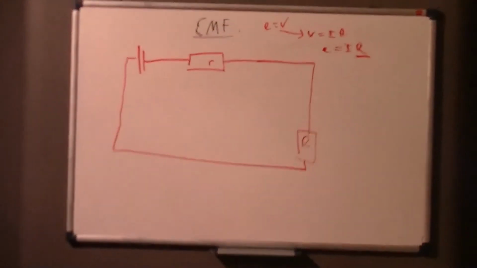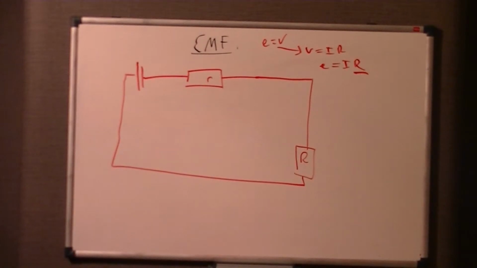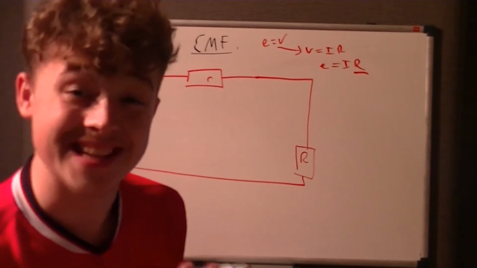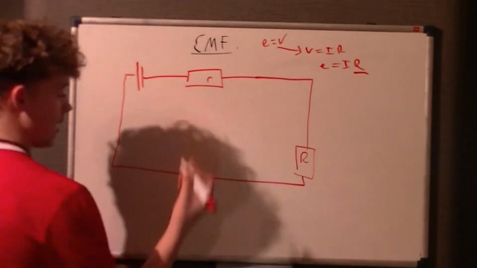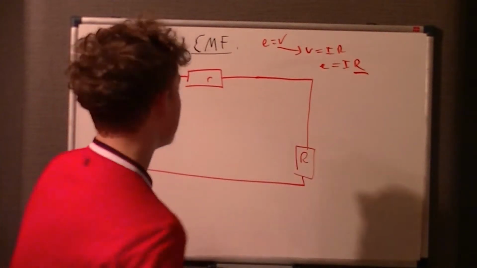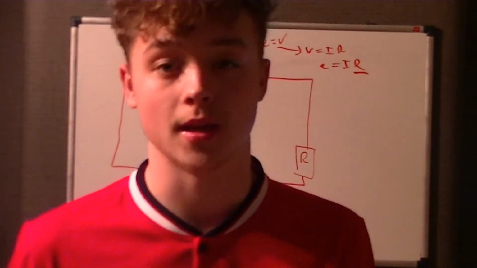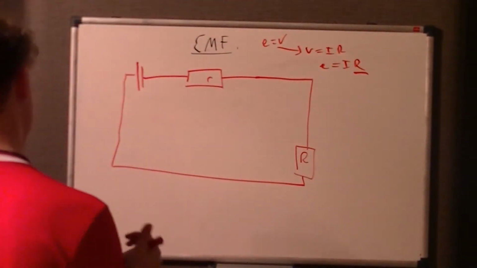So I'm going to demonstrate how we work out R for this series circuit. We can add up the potential differences because they're not the same in a series circuit as in a parallel one, so we have to assume they're different.